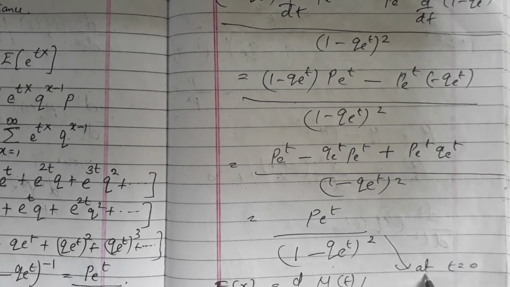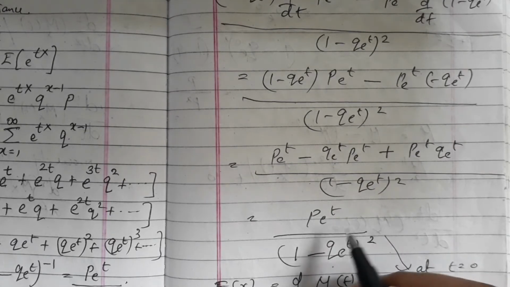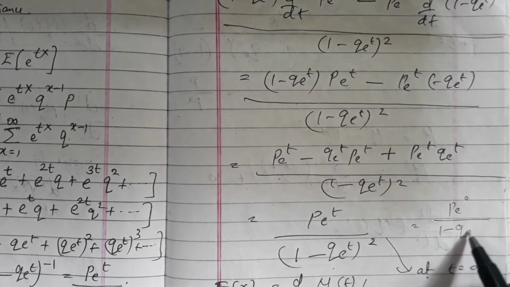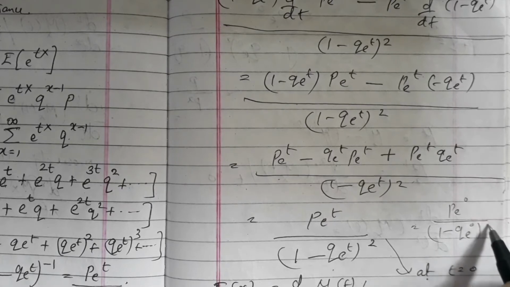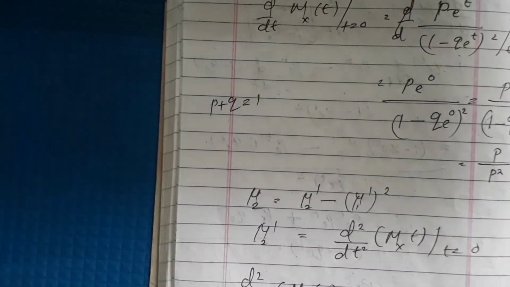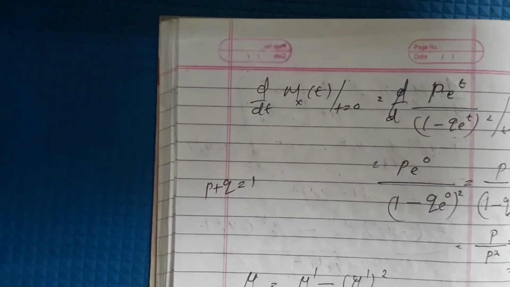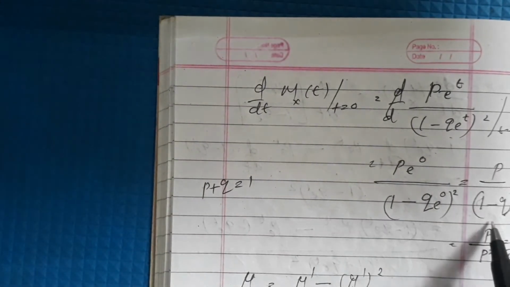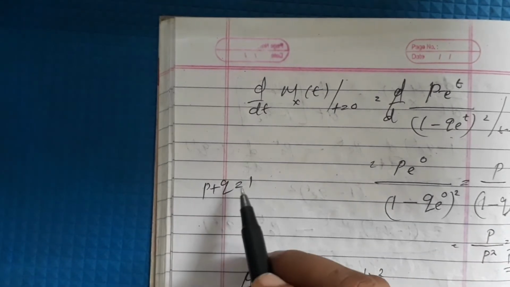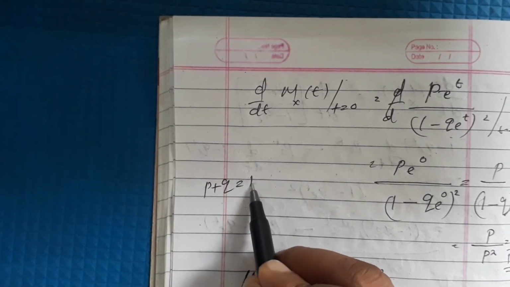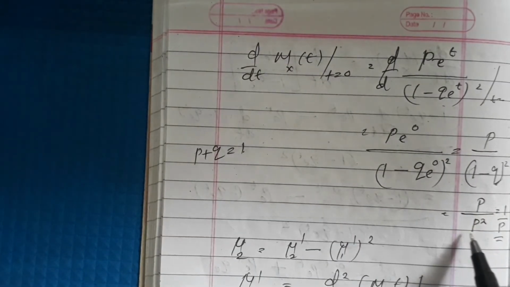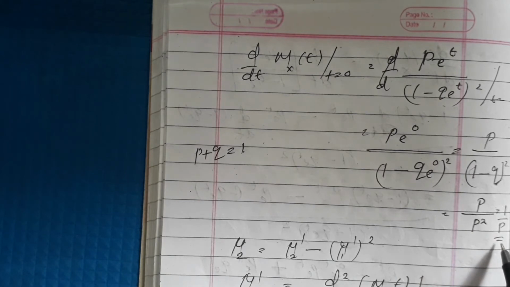Then at t equal to 0, it is p e raised to 0 divided by 1 minus q e raised to 0 whole square, which is p divided by 1 minus q whole square. Since p plus q is equal to 1, 1 minus q is p. Therefore, p divided by p square, which is 1 by p. So the expectation of x, the mean, is equal to 1 by p.